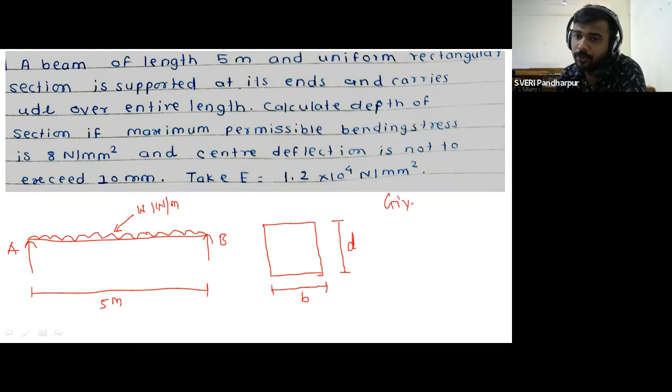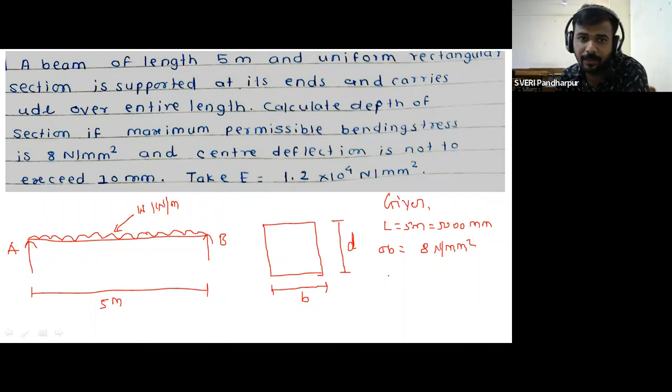Other given values you can write, that is length is equal to 5 meter is equal to 5000 mm. Then what others they have given? Bending stress sigma B is given 8 Newton per mm square.